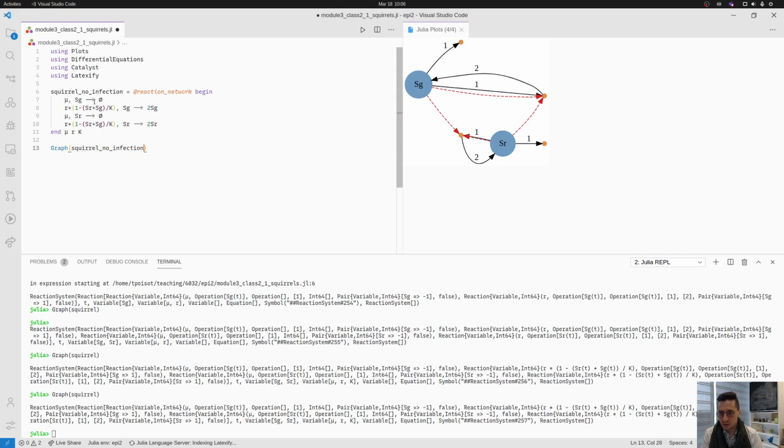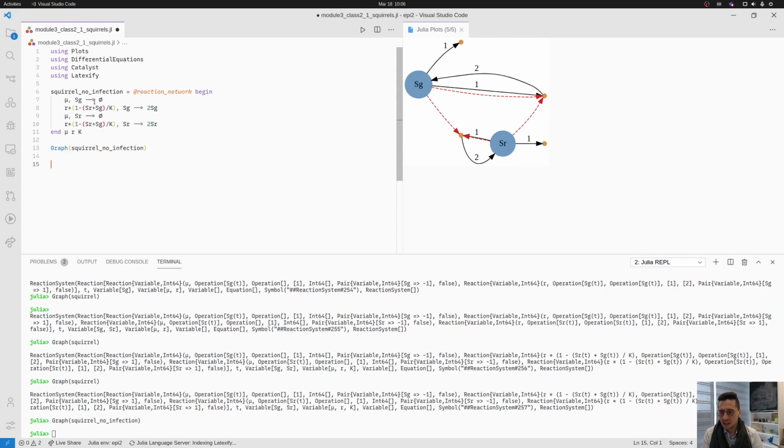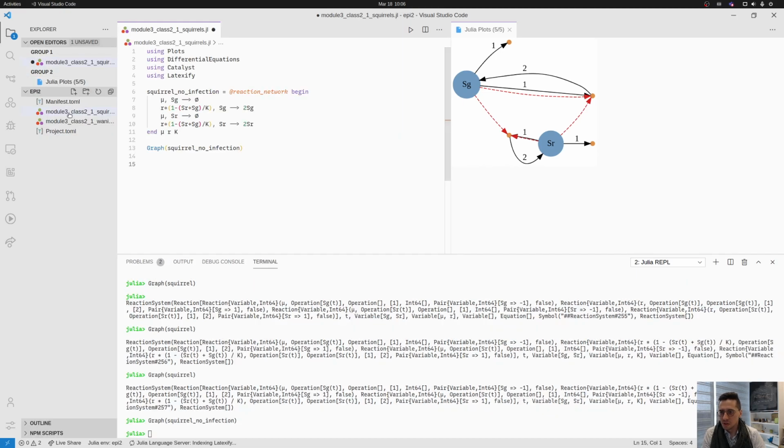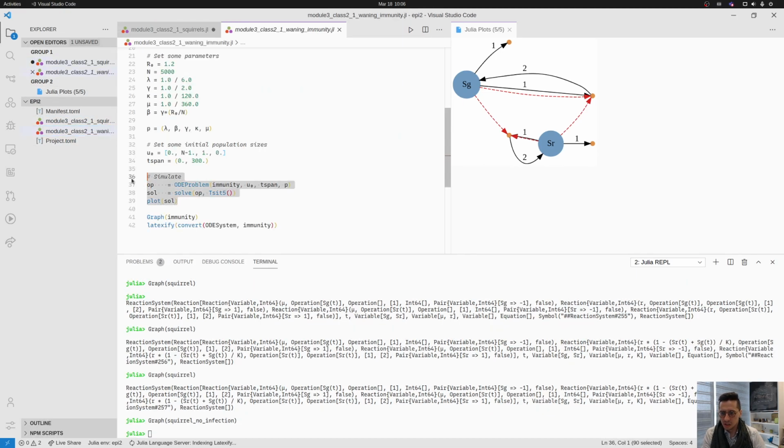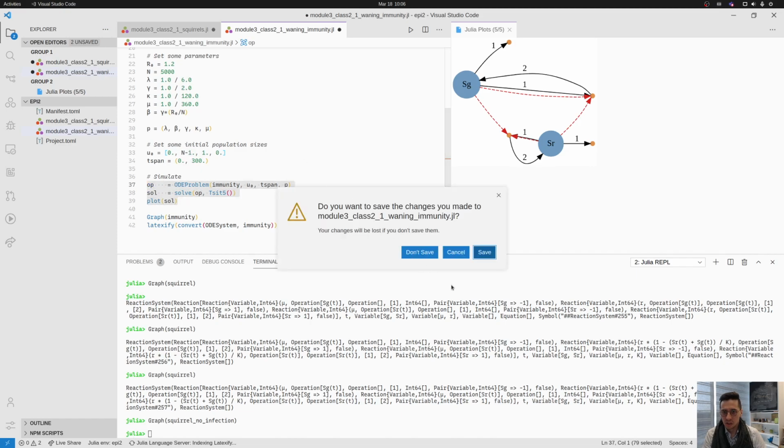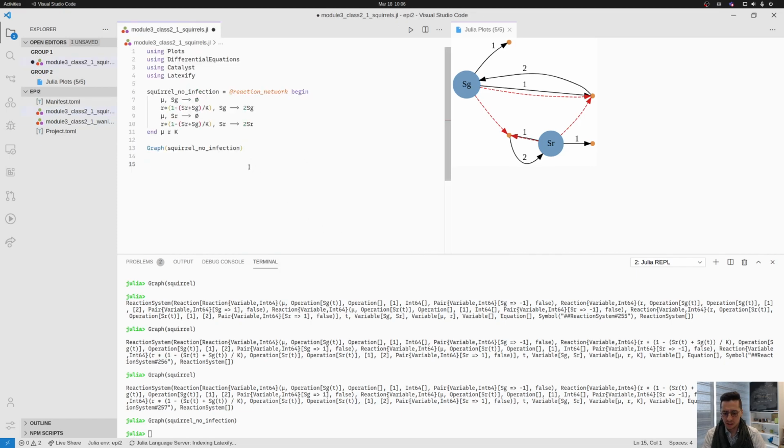So we're going to transform that into an ODE problem. We want the one that is squirrel, no infection.